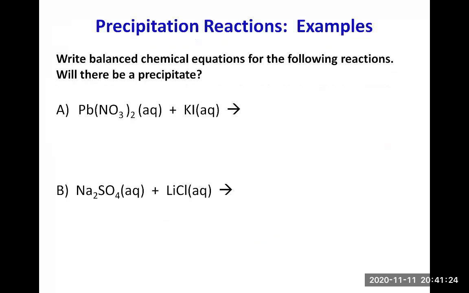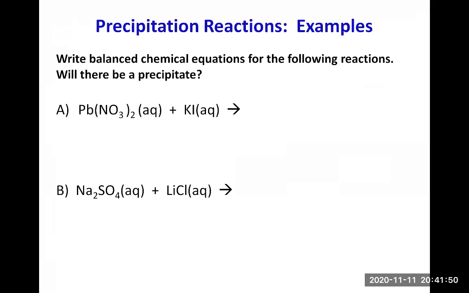Let's go through some more examples. Write balanced chemical equations for the following reactions. And will there be a precipitate? You want to start by undoing the formulas of the reactants and finding out which ions they are made of. So in Pb(NO3)2, we recognize the nitrate ion in the parentheses, right?